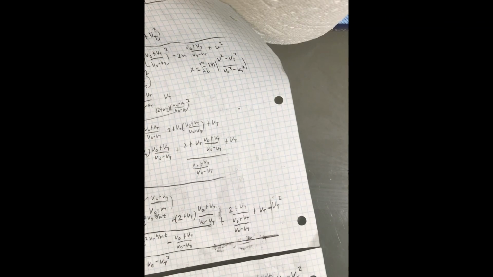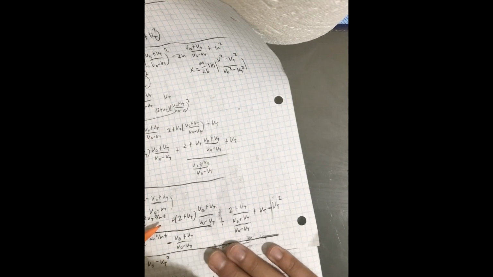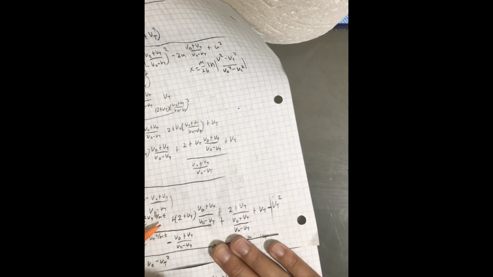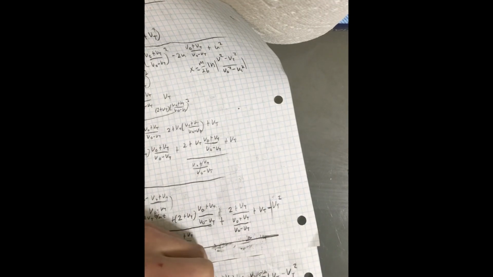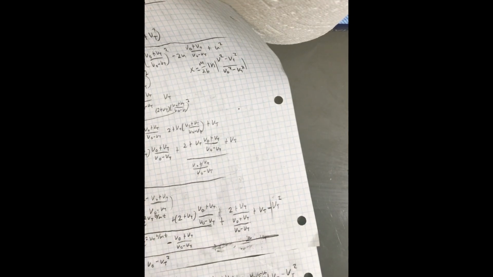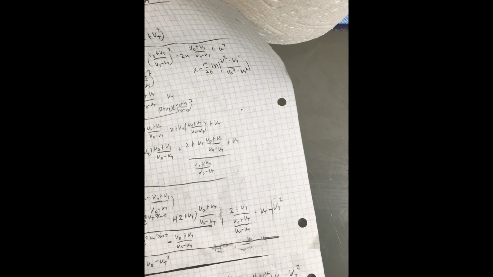And all this is going to be, okay, we're going to have times, I don't like that. That's an ugly fraction symbol, or whatever you want to call it. And then you have v naught minus vt squared, which I don't think we could, or maybe we can.